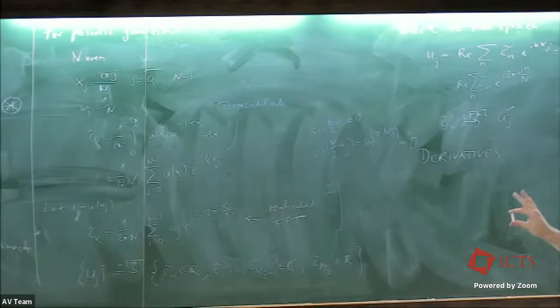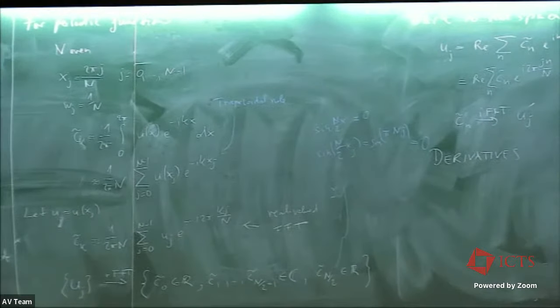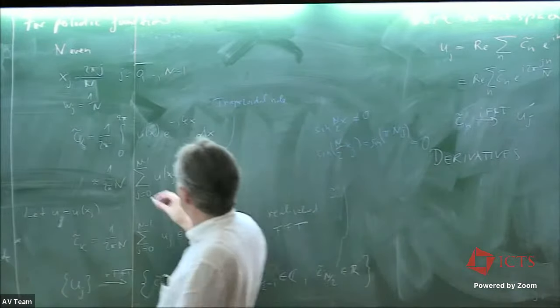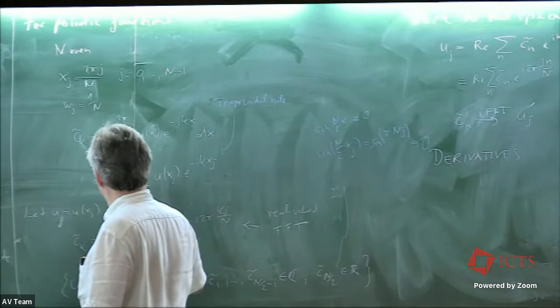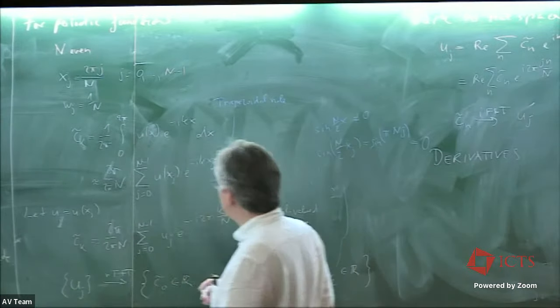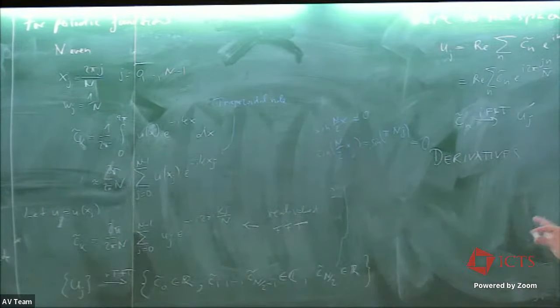I will not try to find them here on the blackboard. The quadrature weights could be just 2 pi over N instead of 1 over N. It could very well be that it's that simple. Let's put them in, but they're actually not changing anything about the argument.